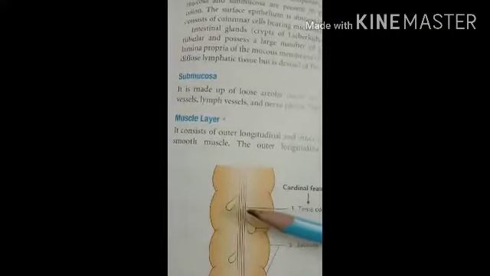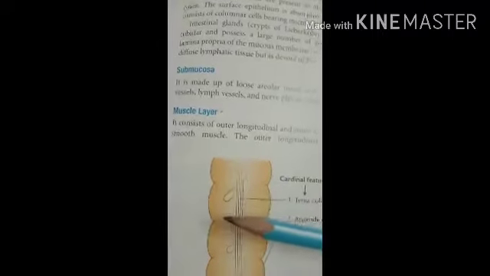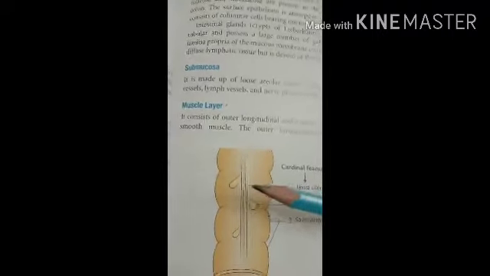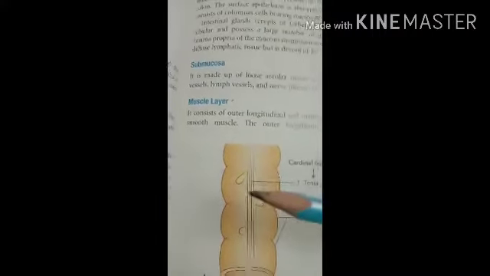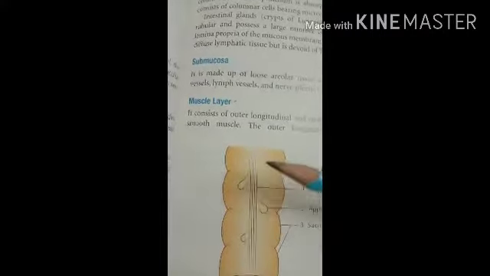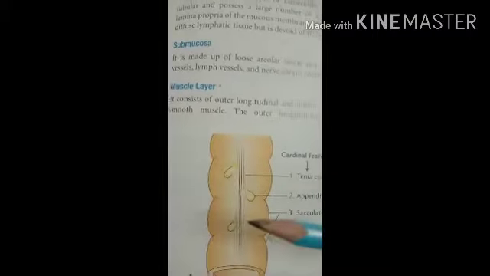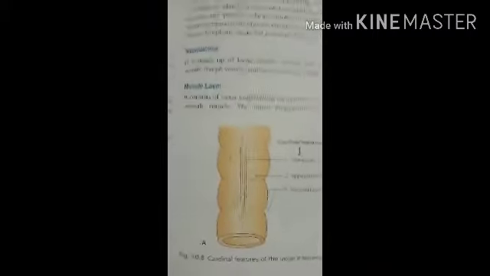Okay, in the case of the transverse colon, the bands are converted: the posterior and anterior bands form the superior band, and the other is the inferior. Okay, so that is the tinea coli.